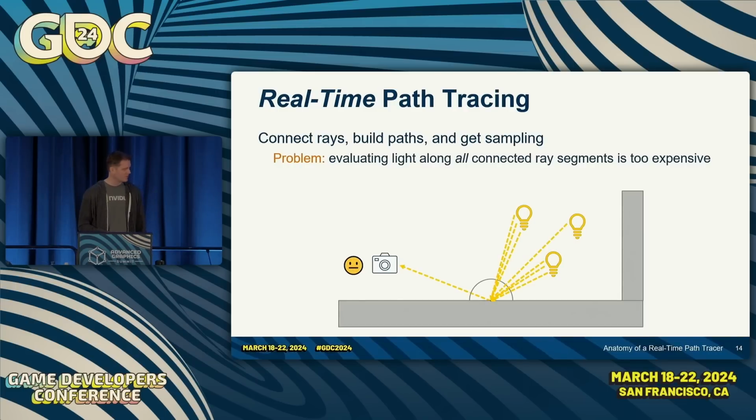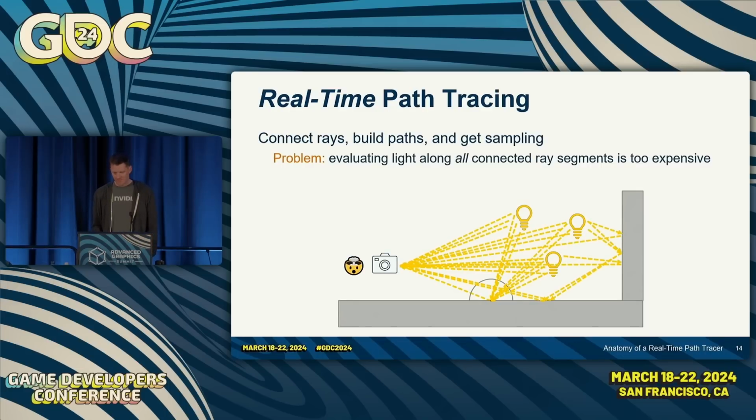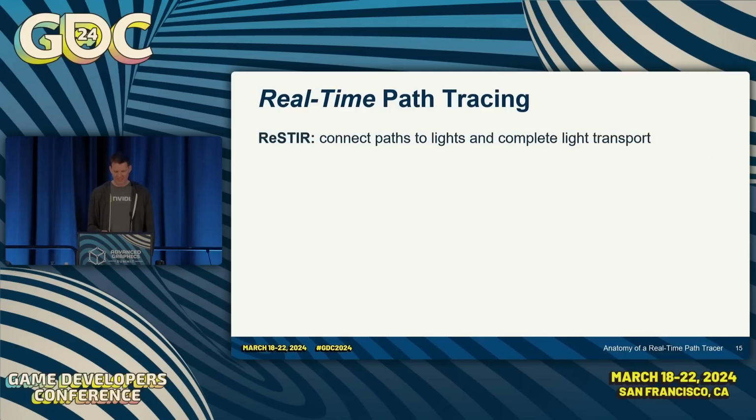Why weren't we doing this all along, right? It's too expensive to do this. Evaluating all that light across all those connected segments and paths is just not practical in real time today. And this is where reservoir-based spatio-temporal importance resampling, ReSTIR, comes in.